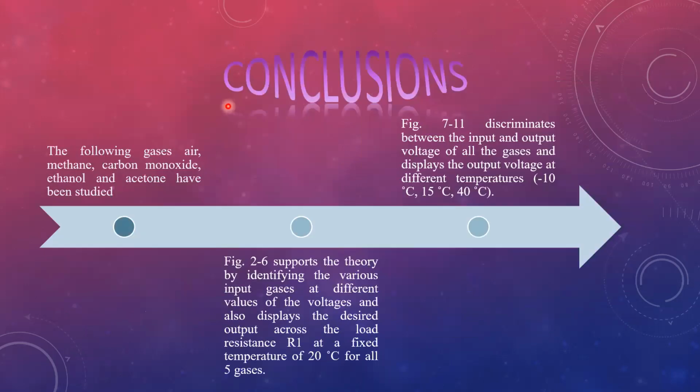So what we initially aimed at was discriminating the gases qualitatively and quantitatively. We have detected the gases as air, methane, carbon dioxide, carbon monoxide, ethanol, and acetone, and their behavior has been studied in this paper at 20 degrees Celsius and also at different temperatures like minus 10, 15, and 40.